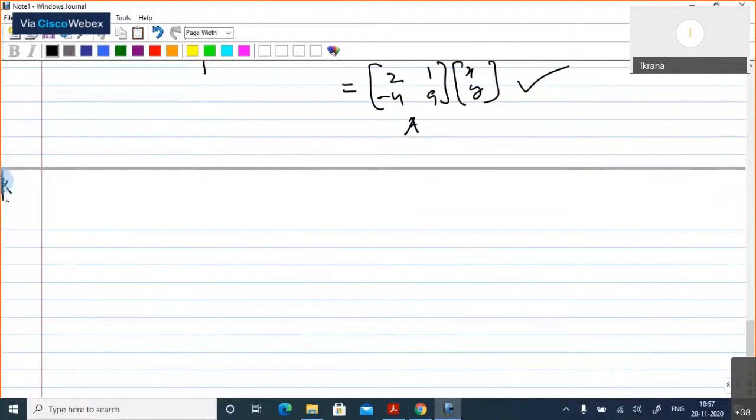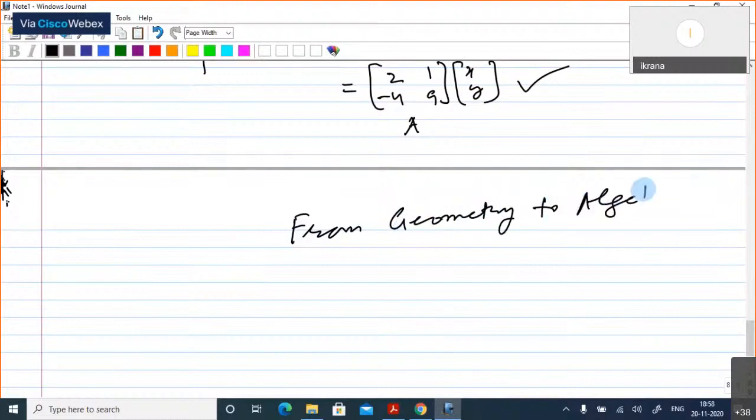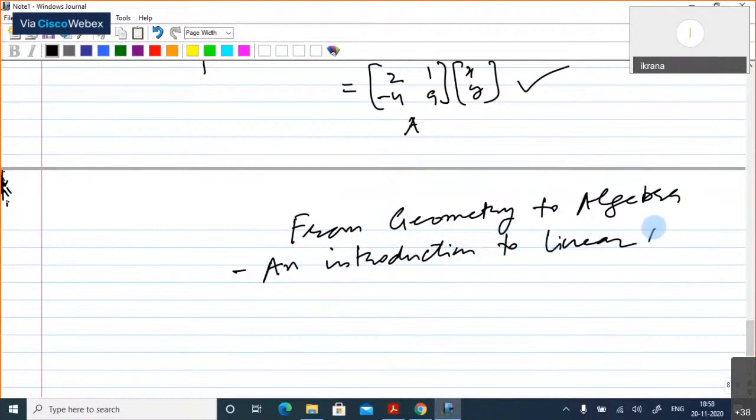Again, but let me just, I think this may sound like self-publicity. There is a book called, okay, let me write, From Geometry to Algebra: An Introduction to Linear Algebra.